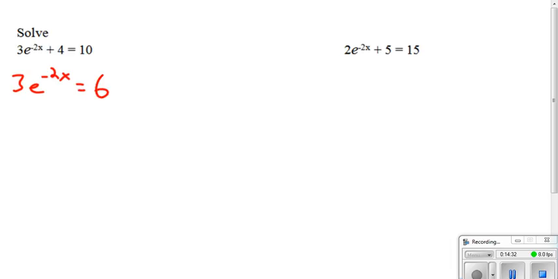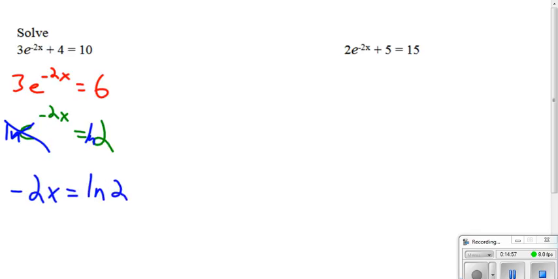Well, now we can divide both sides by 3, and we would get e to the negative 2x equals 2. Now, we may not know what to do from here, but we know from those properties, we can just take the ln of both sides to get rid of that e. So if we do ln over here and ln over here, these will cancel out. So we'd have negative 2x equals ln 2.